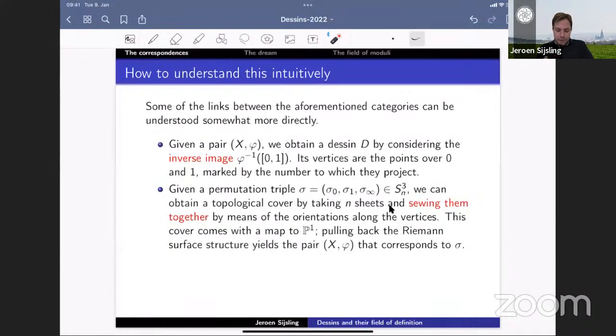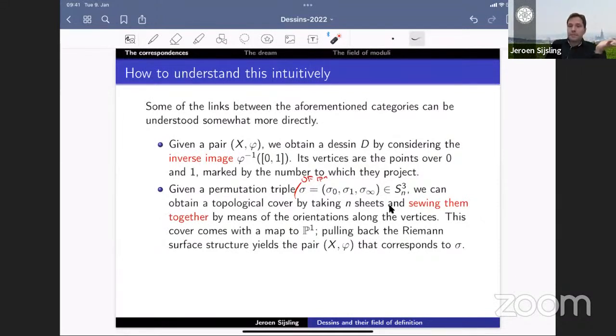And now you can obtain a topological cover of P1, so of the projective line over C, in fact of the Riemann sphere, by taking n sheets and you sew them together above 0, 1, and infinity by the way that these permutations tell you. So before you had the permutation 1 through 3, that means there you sew them together with the right orientation. And this is a cover, and it comes with a map to P1.